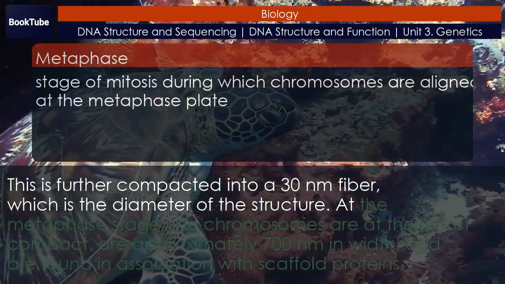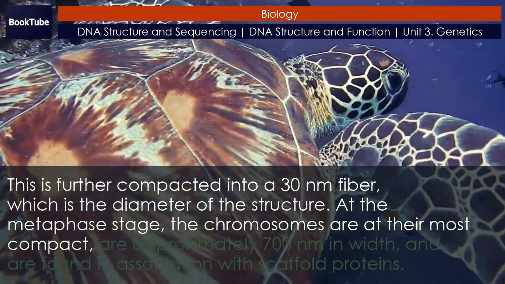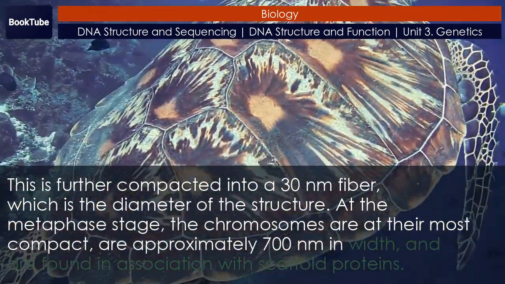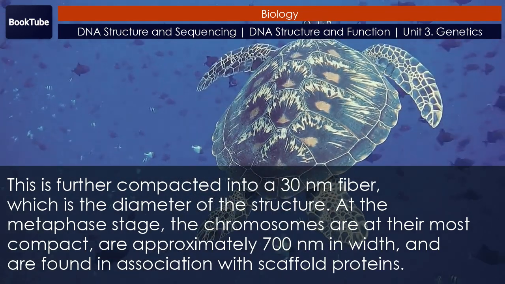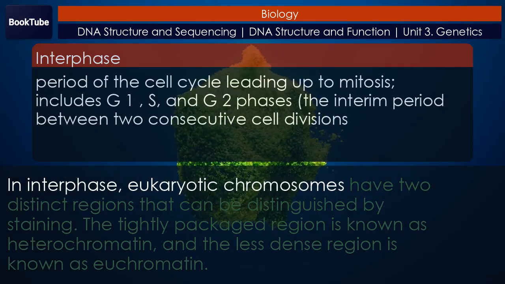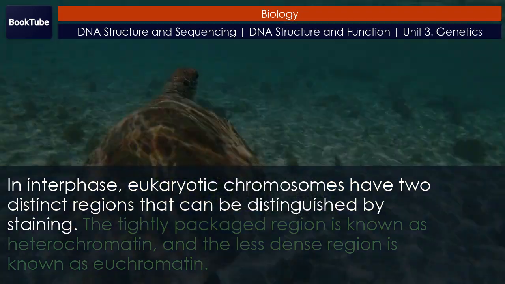At the metaphase stage, the chromosomes are at their most compact, are approximately 700 nanometers in width, and are found in association with scaffold proteins. In interphase, eukaryotic chromosomes have 2 distinct regions that can be distinguished by staining.